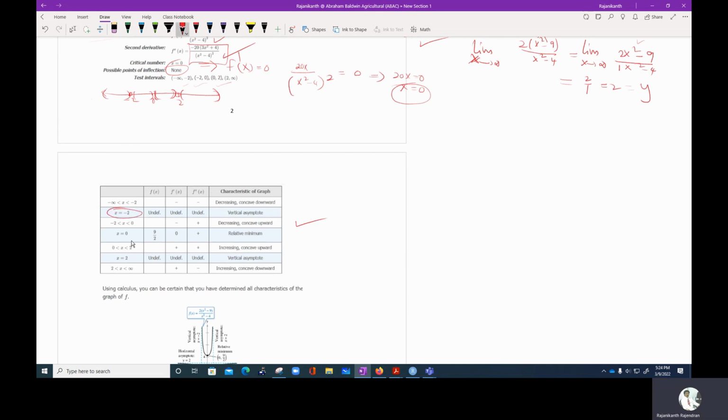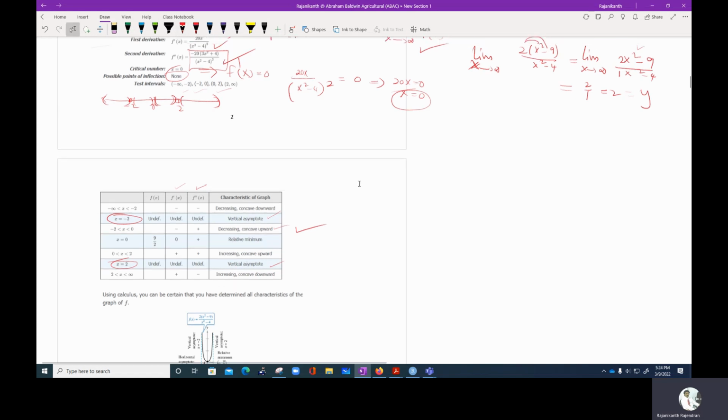Remember, the function is undefined at these 2 points. So these are the 2 values you will get for the vertical asymptotes, right? Undefined points. Okay, so after that, you find the first derivative sign and second derivative sign to find the decreasing and concave up, down, and that is also done. And all the time I'm using 2 functions.